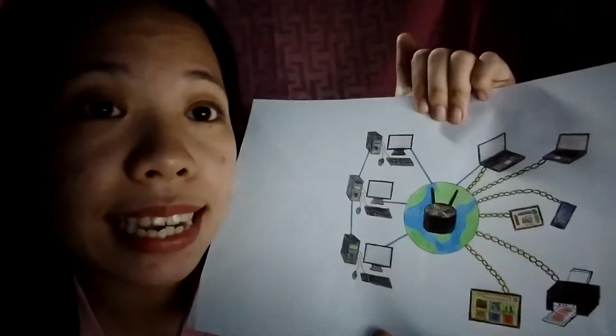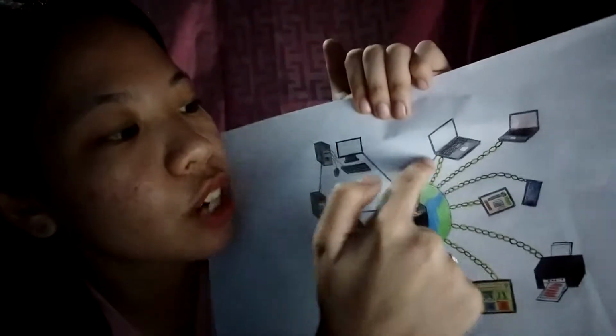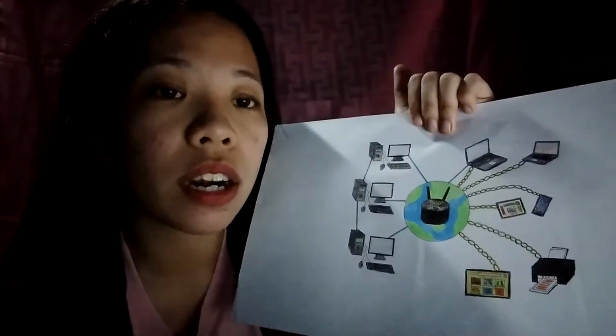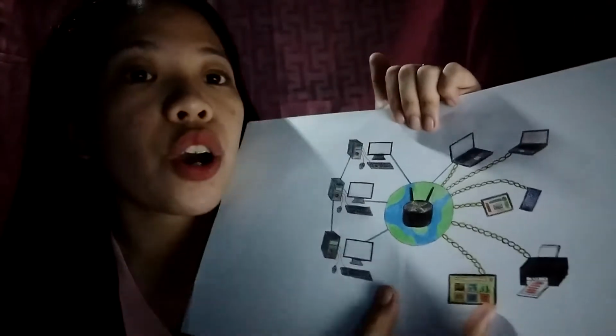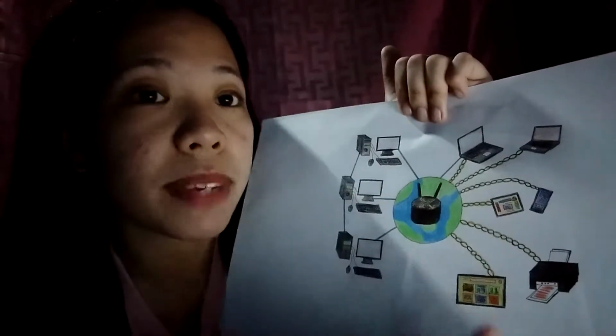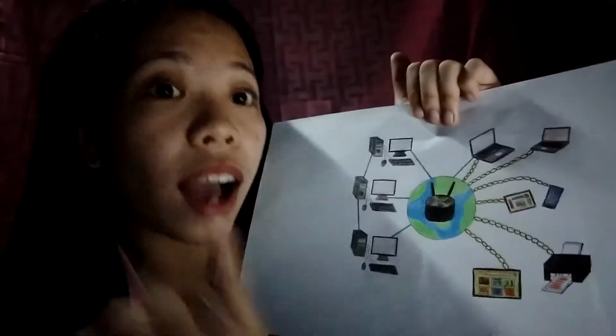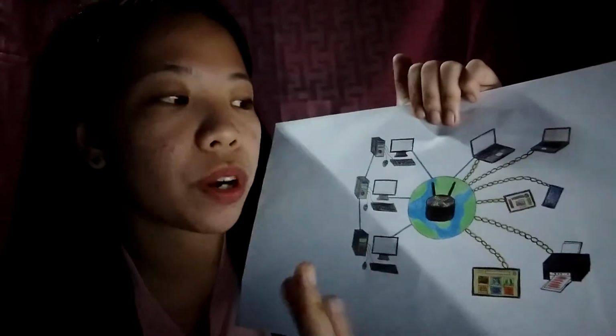So lastly, the network media. These are the network media. Network media are the communication channels used to interconnect the computer networks. So, network media are the wireless media, local area network media, and the wide area network media.